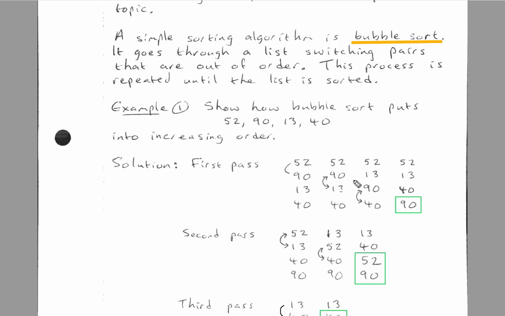Switch these two, we get 13, 90, and then move to these two. The 90 is too big, so we're going to switch these. Alright, so this means don't switch, this means switch or interchange.